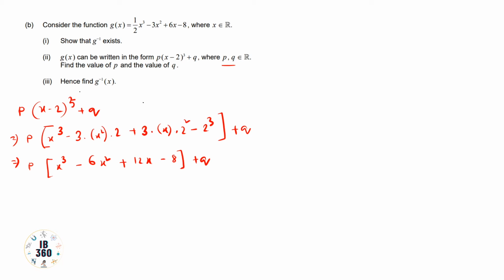Now see the original equation, that is g(x) is equal to half of x cube minus 3x square plus 6x minus 8. So from here obviously we can write p equals half.